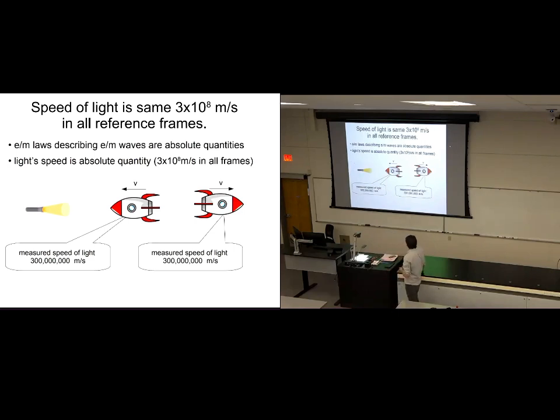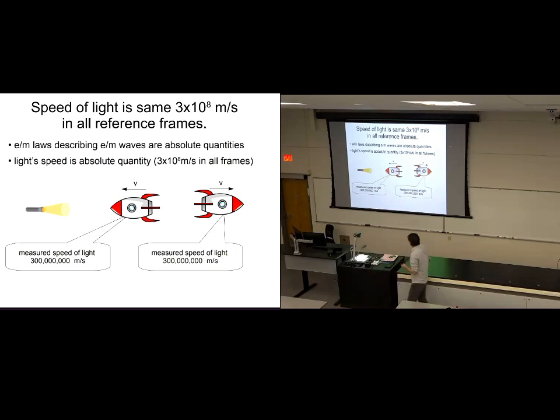But light, on the other hand, has this peculiar feature that all observers measure the same, whether they're the pedestrian or the passenger, or they're in the two rocket ships here traveling to the left and right. They all measure a light ray traveling with exactly the same speed.